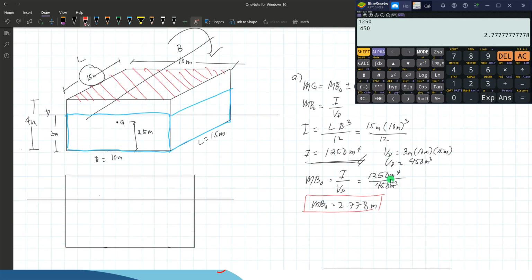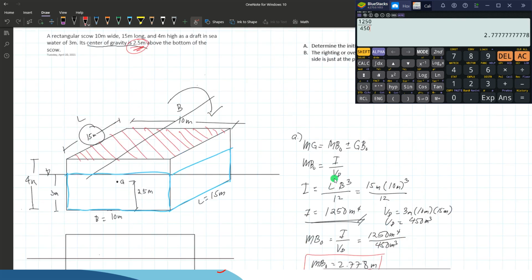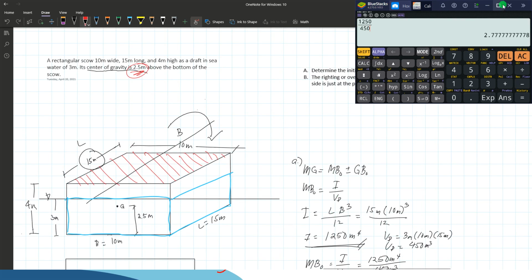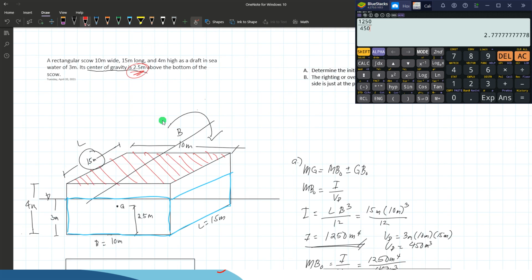To find the metacentric height, we have to locate first the center of gravity as well as the center of buoyancy. On the given, the center of gravity is 2.5 above the bottom of the scow.